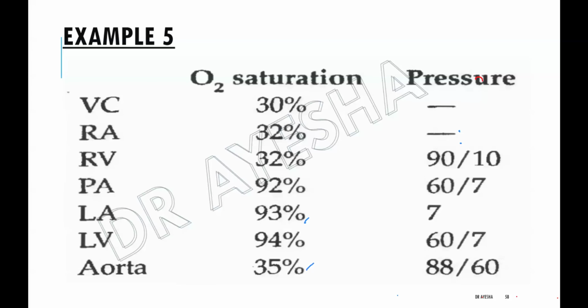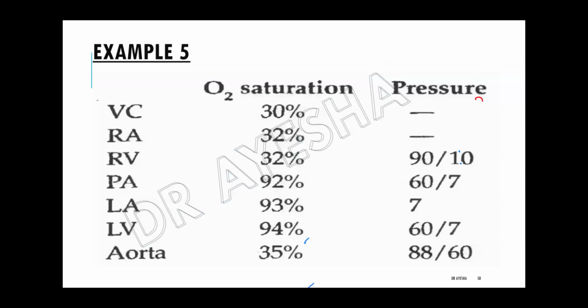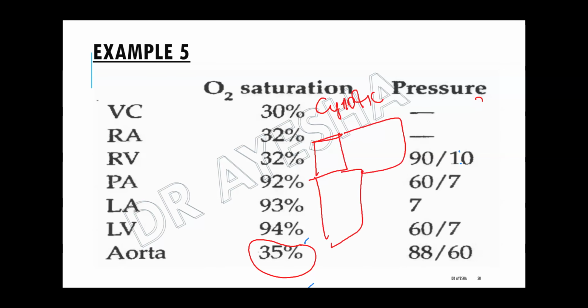Okay, Saad, let's start. Okay, madam, first we are looking at the saturation of the aorta, which is 35%, which is low. So this means this is probably a cyanotic heart condition. Now looking at the saturations, the vena cava is 30%, which is very low.